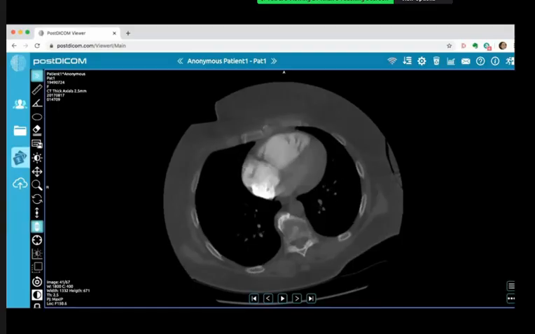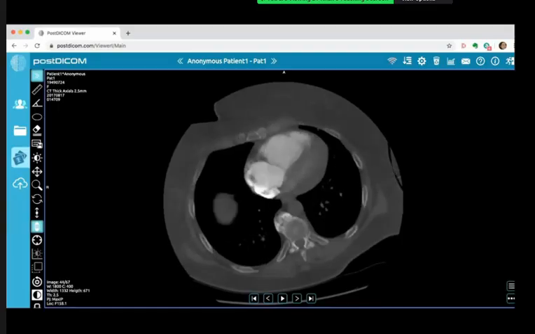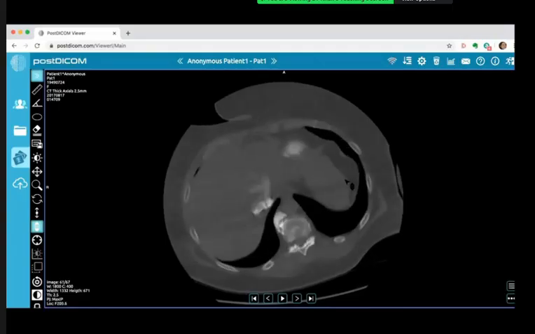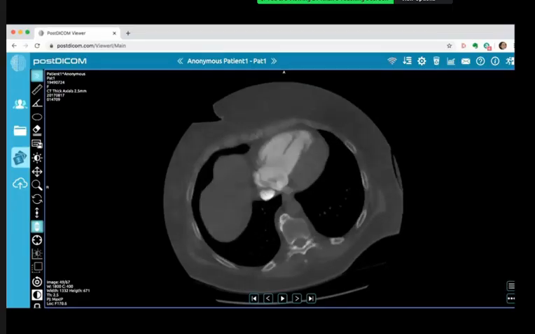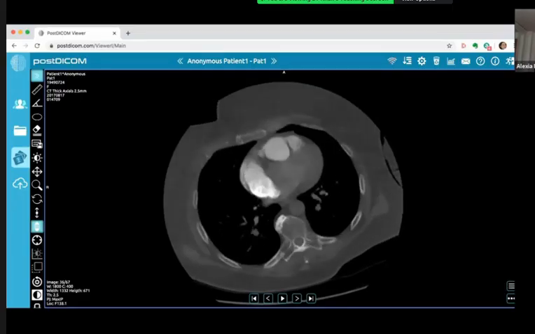So there's some bowing of the interventricular septum to the left. I didn't see any reflux into the IVC, or the intrahepatic IVC rather, but that would be sufficient. There is some, apologies. So this will be keeping with right heart strain as well. Yes, great. Well done. So let's go back to the presentation.